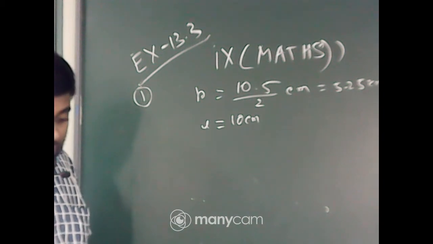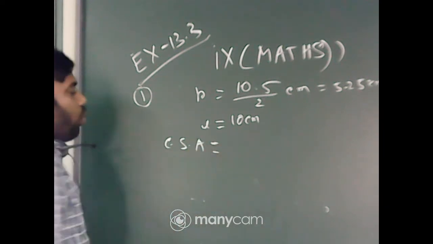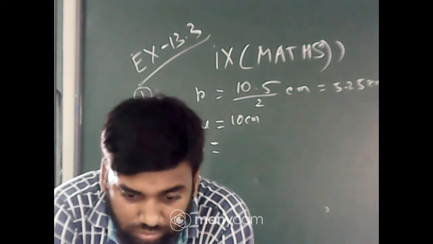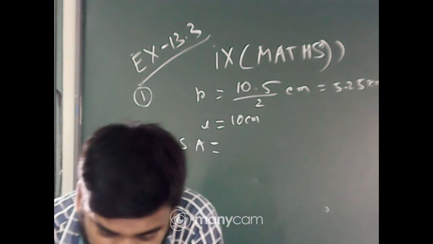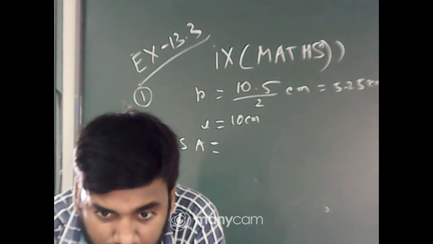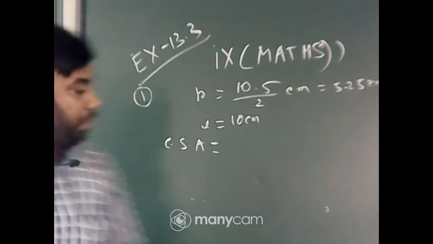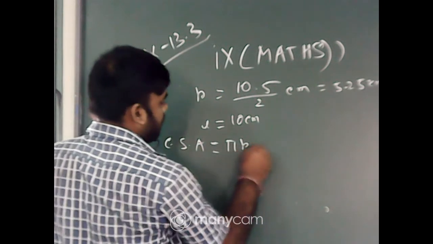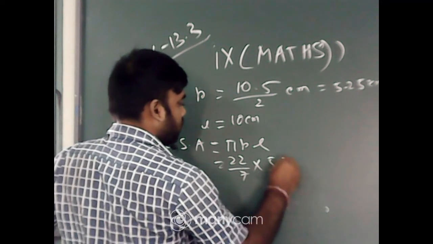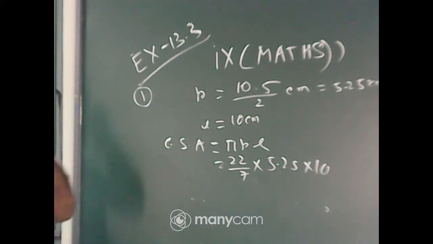You were asked to find its CSA. What is the formula of CSA? Tell me quickly. Pi r l, okay? So that is pi r l, which is pi into 5.25 into 10.